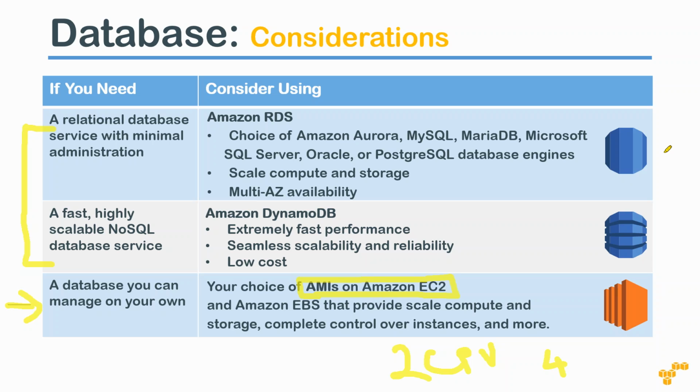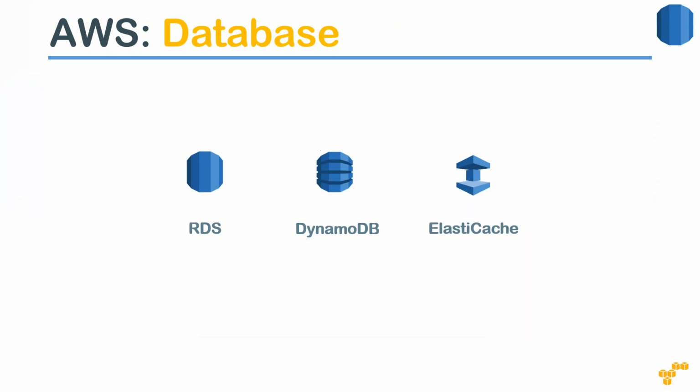Some database engines will not allow you to run on a shared machine, or where the performance can be increased dynamically, or where it is not easy to measure the CPU usage. Those restrictive licenses are there in the market. In that case, go ahead and launch your EC2 and put your database on top of those EC2 instances itself. So these are different considerations. Depending upon your use case, you need to recommend the appropriate one to your customers.